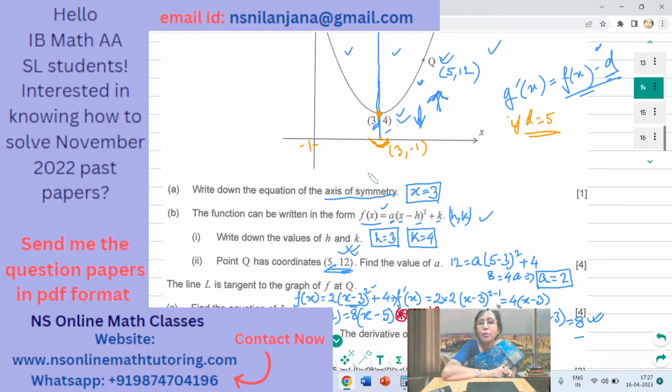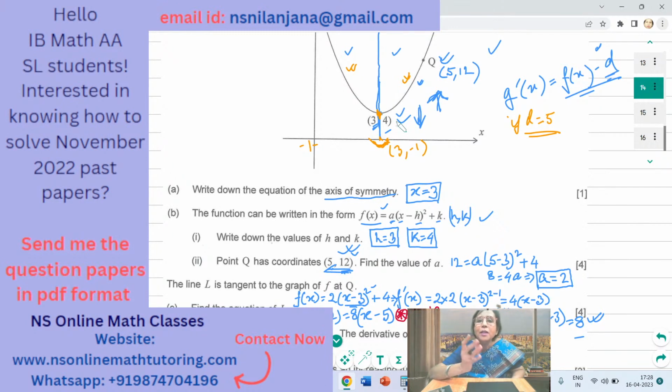Yes, g dash x will be equal to 0, but we need g dash x to be greater than 0. That is sufficient for this question. So, we cannot allow values of d to be 4 or greater than 4. Is that clear? We can allow d to have any value less than 4.